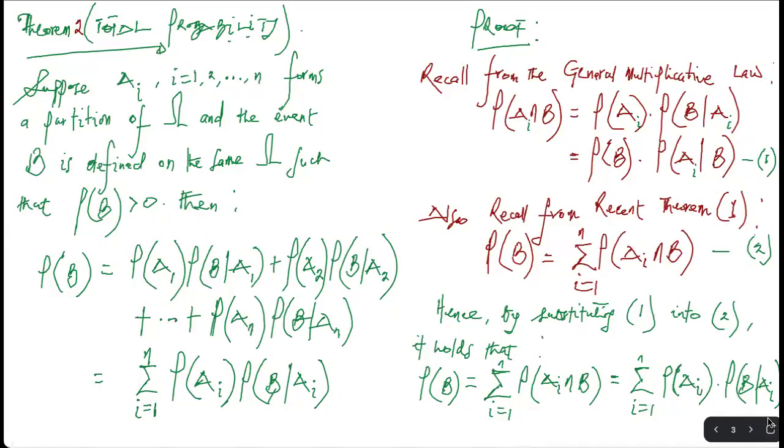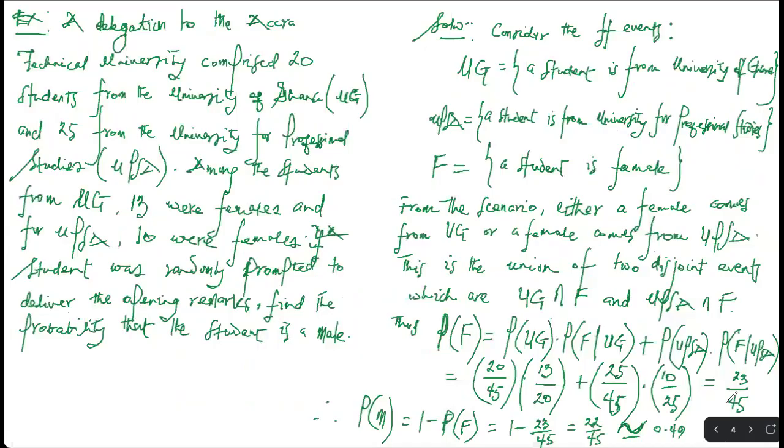The fact that you can find a marginal probability as the sum of the products of a marginal probability and the conditional probability. We've looked at the proof as well, and we looked at an example of a delegation that's coming over to a Technical University.